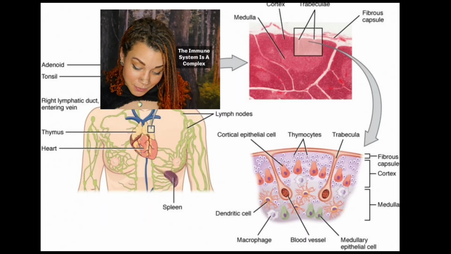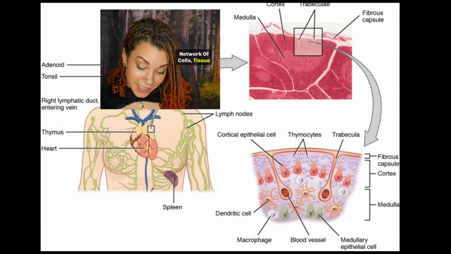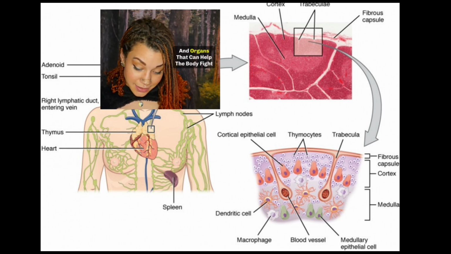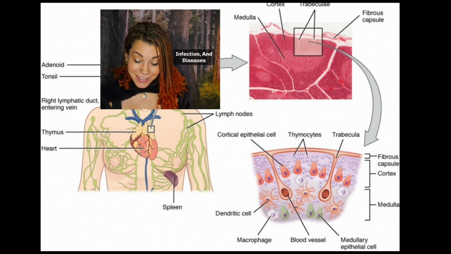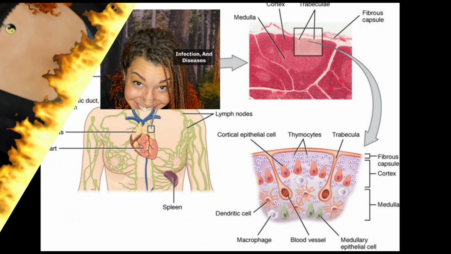The immune system is a complex network of cells, tissue, and organs that can help the body fight infections and diseases. It's insane.